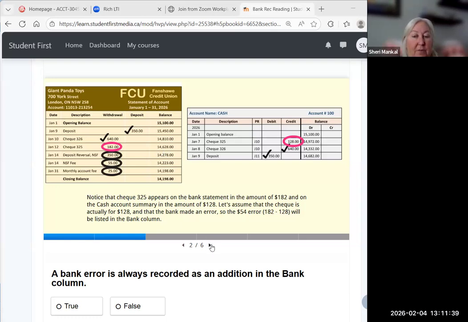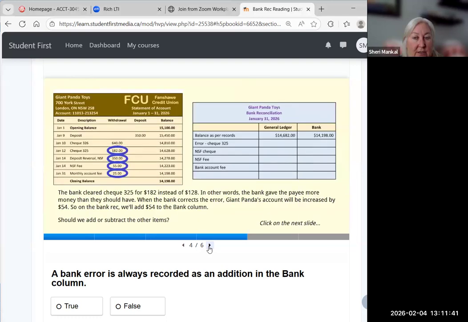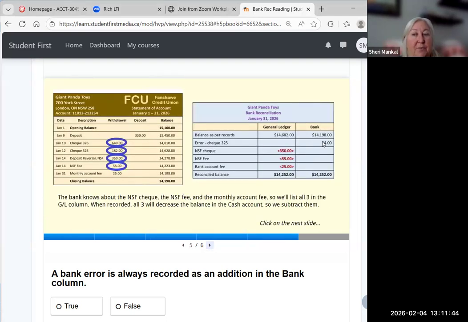So what I'm going to do on my bank reconciliation is I'm going to put $54 added on the bank side because it was a bank mistake. But I have to take away $350 for the reversal of the NSF check. I have to take away $55 for the service fee for the NSF check.